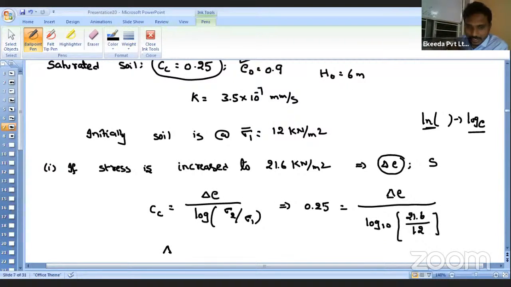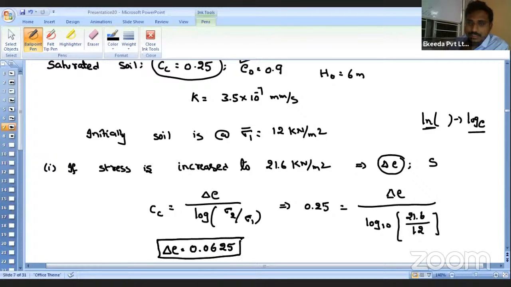If you solve this, you will obtain the change in void ratio to be 0.0625.